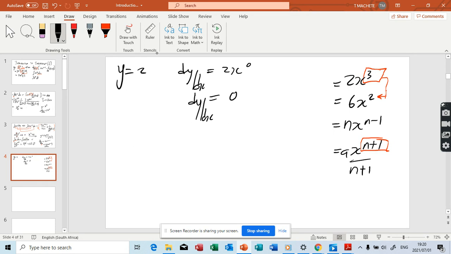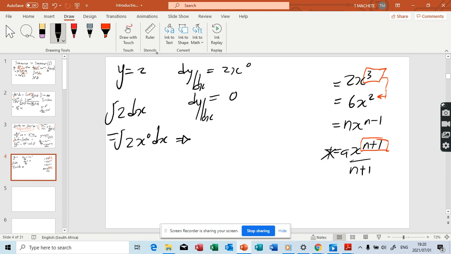Okay, let's go to integration. You're going to write the integral of 2 dx. Now, when you integrate, you're going to apply this formula right here instead of decreasing by 1. So you can simply write this as 2x to the power of 0. Do you agree that is the same as 2?